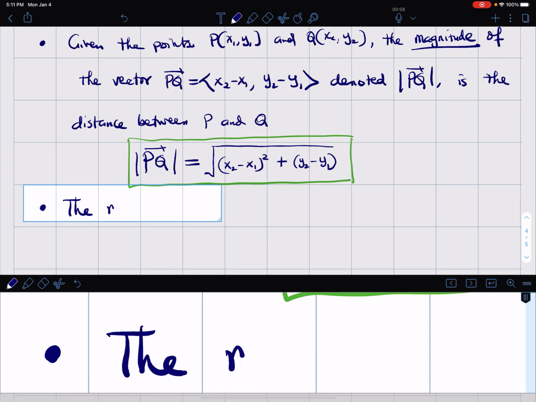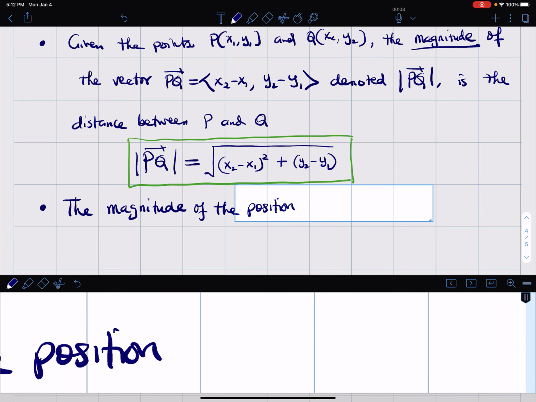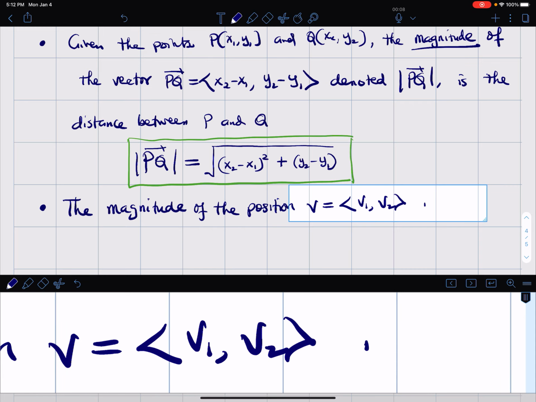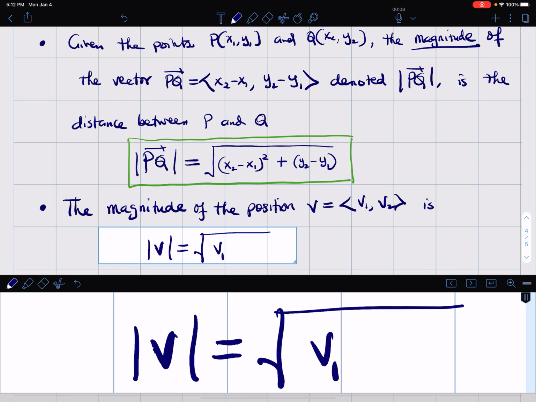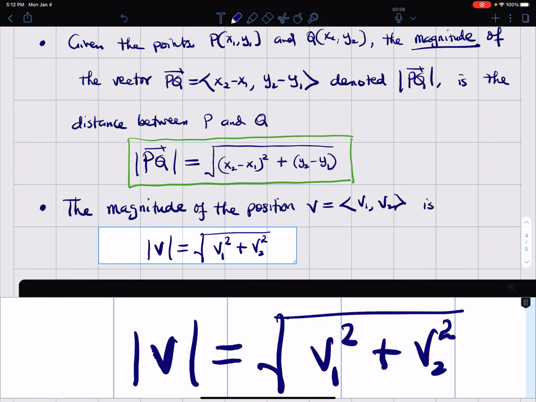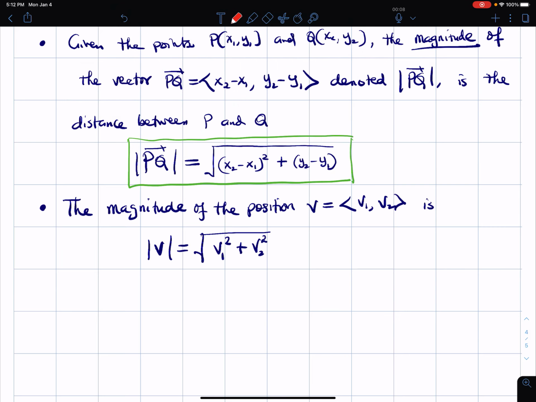So that means the magnitude of any arbitrary position vector v, where v is v1, v2, is given by the absolute value of v. I'm just calling it absolute value, but from now on we're just going to be calling it magnitude: the square root of v1 squared plus v2 squared. Okay, so whichever you want to use.